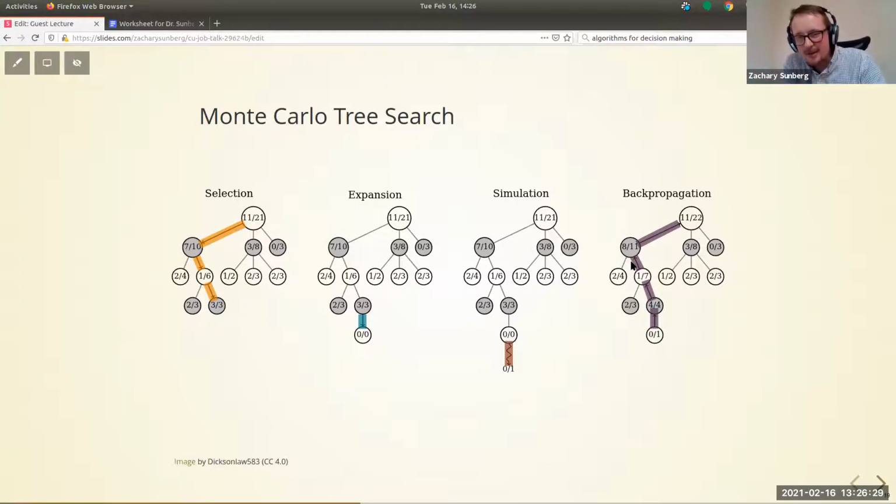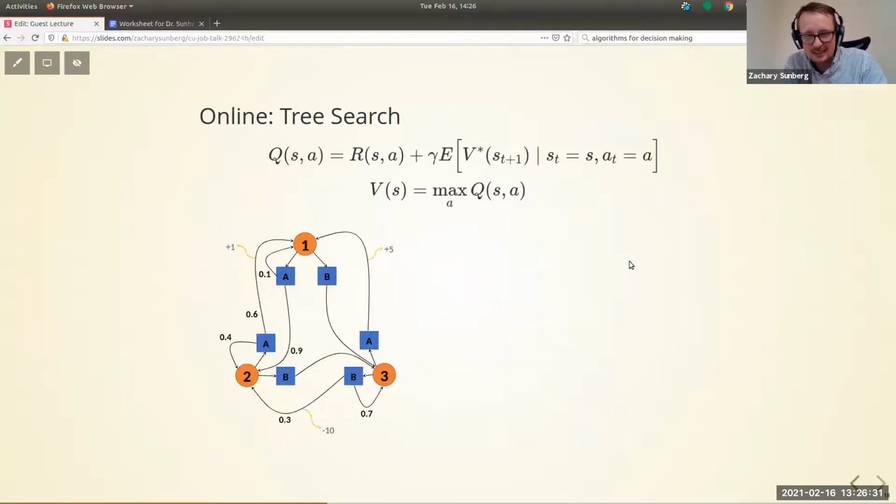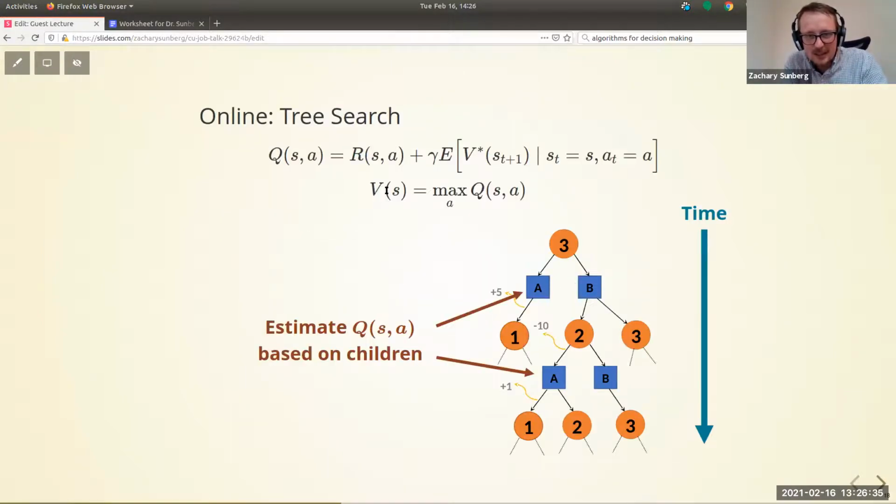Now, the back propagation just means that you repeatedly apply these two equations. You start down at the new node that you just added, so you've got the V from the rollout, then you calculate the Q based on this equation.